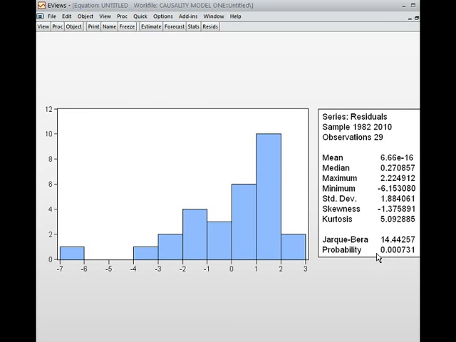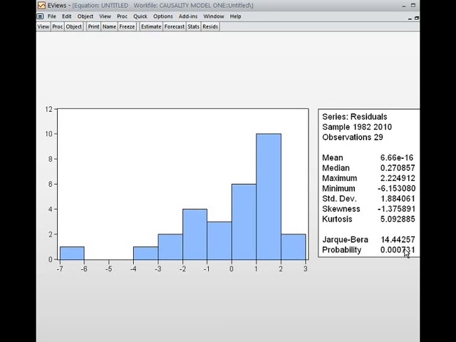Less than 5%, meaning that we can reject the null hypothesis because the p-value is less than 5%. And what is our null hypothesis? The null hypothesis is the residuals are normally distributed, which is desirable.